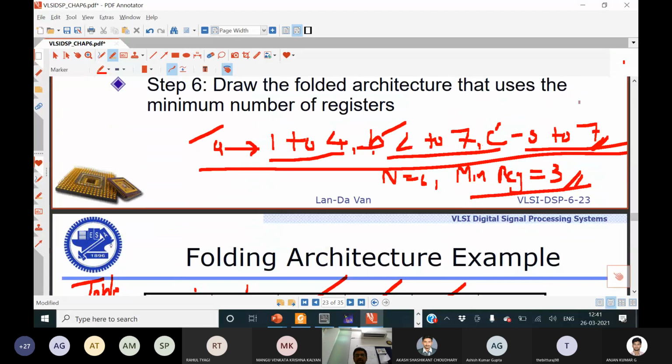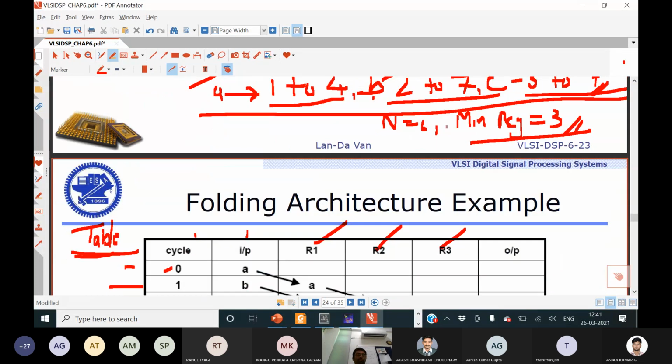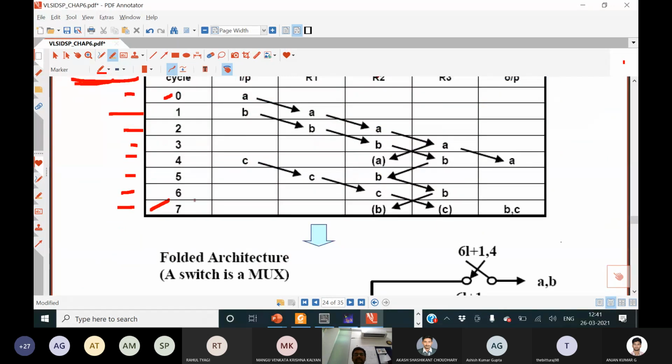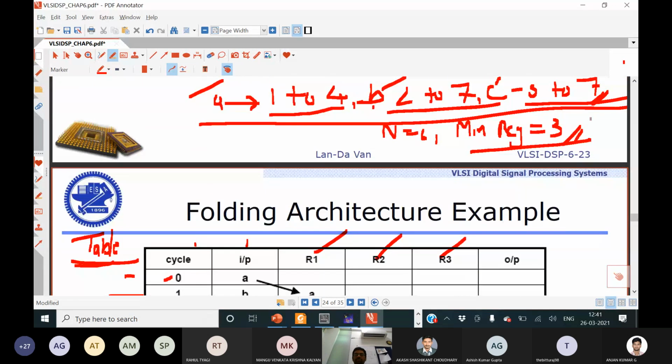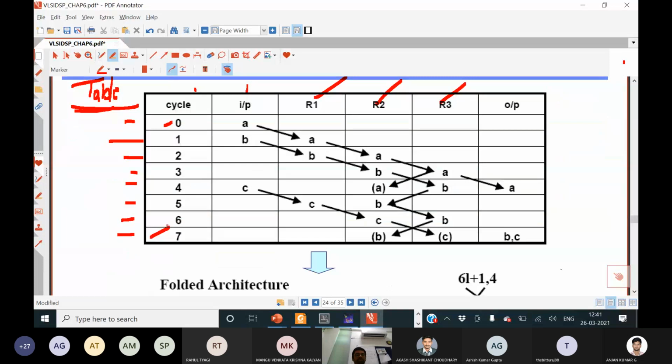The row is defined up to the maximum clock cycle at which a variable's life exists for A, B, C. C has a maximum value of 7, so I need to draw this table up to 7, so the rows go from 0 to 7.